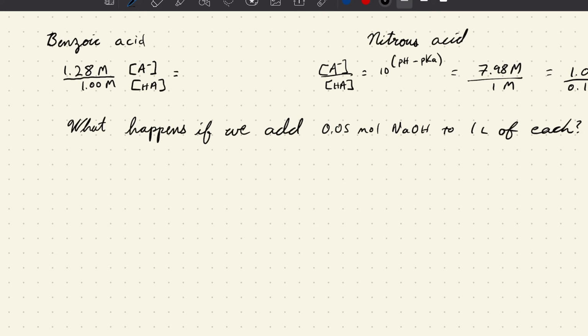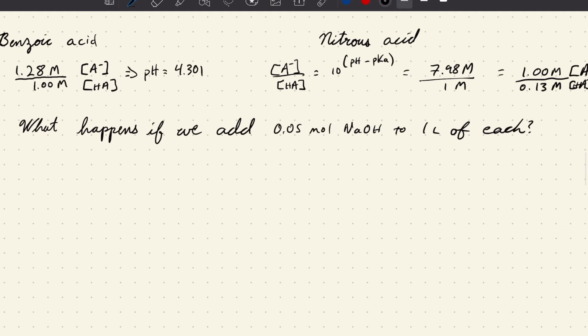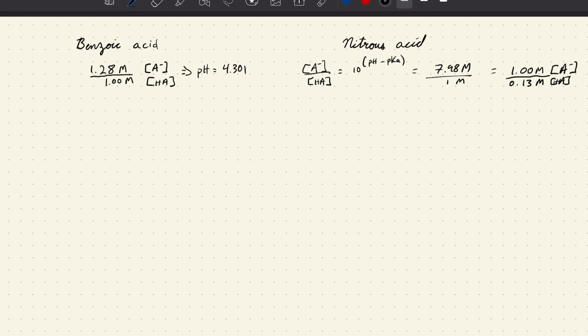When I do the actual pH of this solution, the 1.28 and the 1.00, I get a pH of 4.301. And I'm leaving a whole bunch of decimal points because they're kind of important.